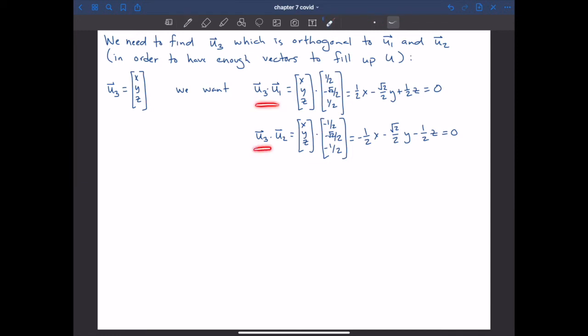If we want U3 to be orthogonal to both U1 and U2, we want both equations to hold. But that's just a system of 2 equations and 3 variables, and we know how to solve that. If we write down those 2 equations as an augmented matrix, we can just row reduce to find the solution.